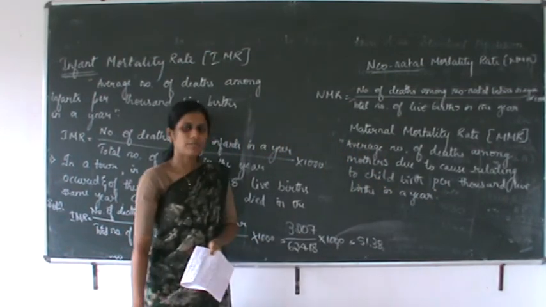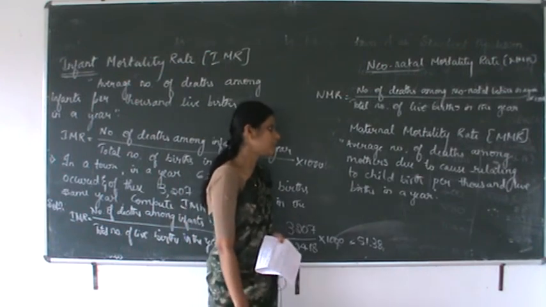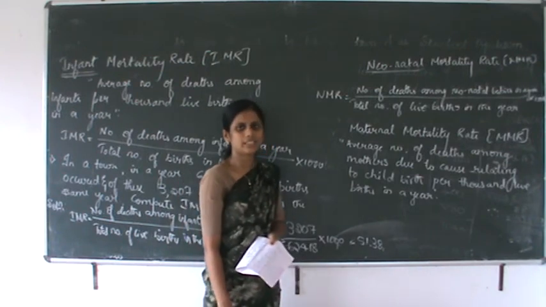So average number of deaths among mothers due to cause relating to childbirth per 1000 live births in a year.